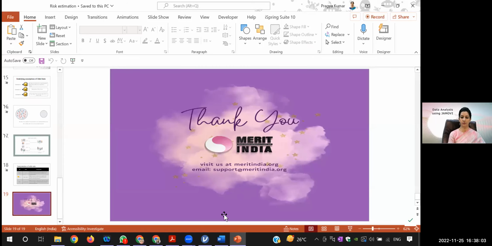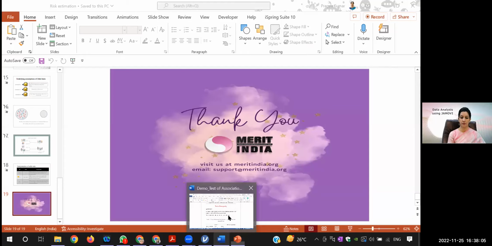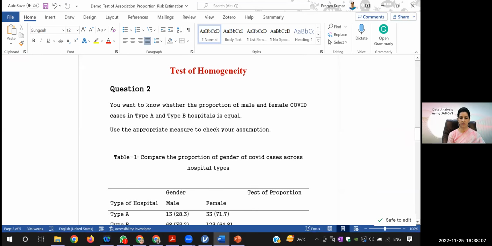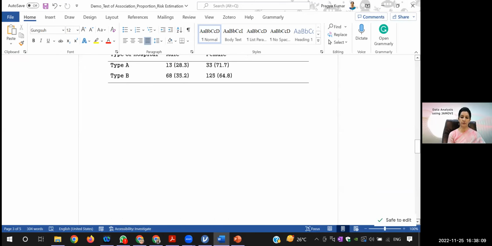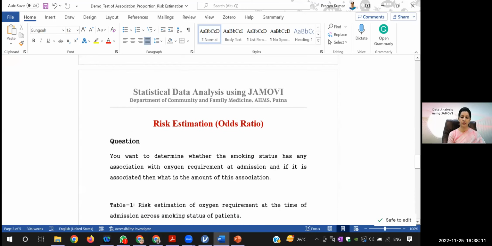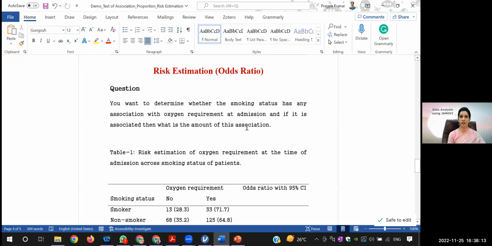Now coming to the question. I want to determine whether smoking status has any association with oxygen requirement at admission, and if it is associated, then what is the type and amount of this association.